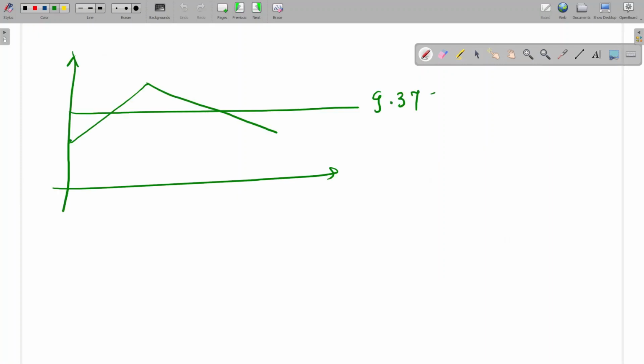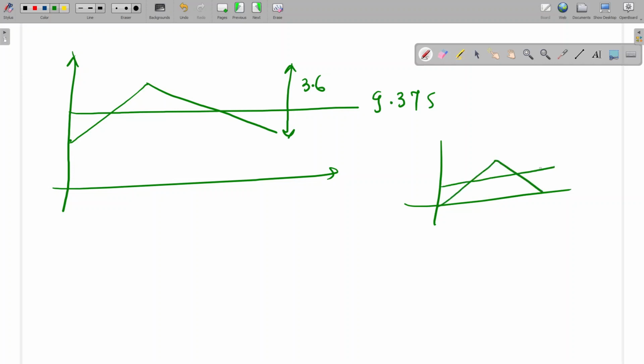So the average value is 9.375. This delta IL is 3.6. If it is in the boundary condition, meaning just touching, then IL average will be equal to delta IL by 2. When IL average is greater than delta IL by 2, it means continuous.